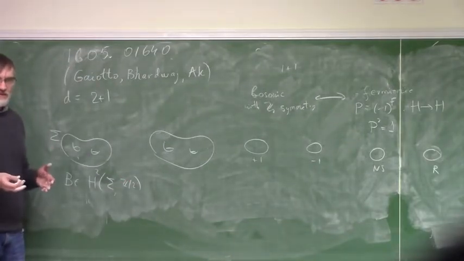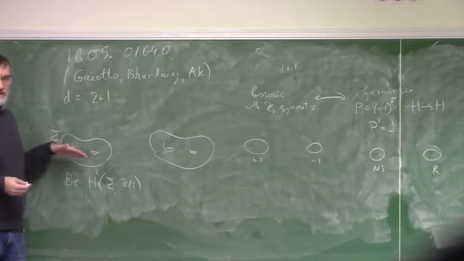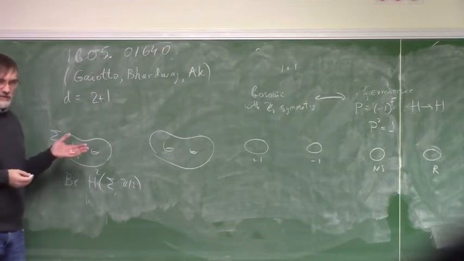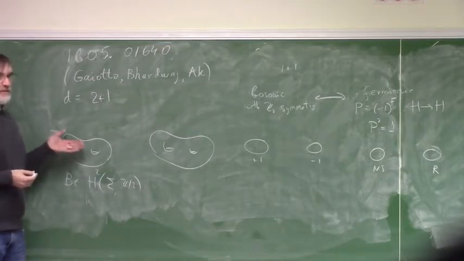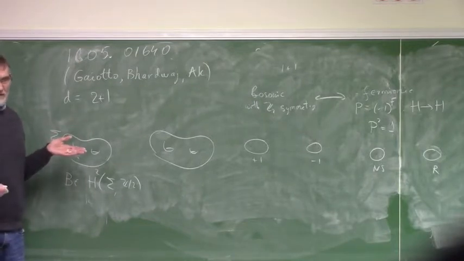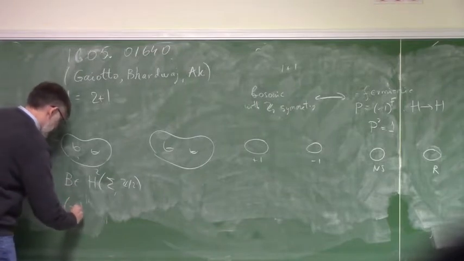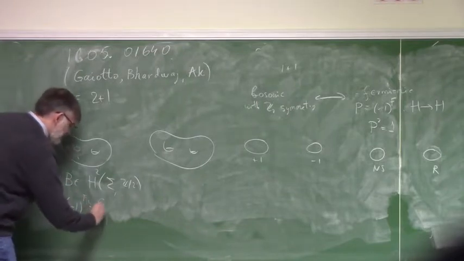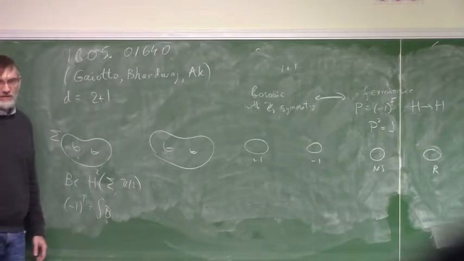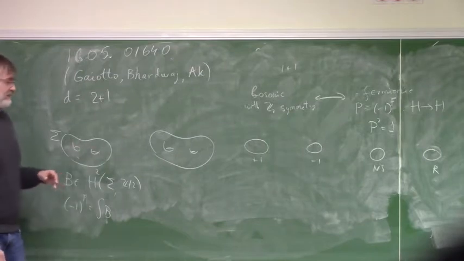When you gauge the symmetry, this B can fluctuate. You can have a sector where B integrates to 1, and one where it integrates to 0. Those will correspond to sectors of the Hilbert space of the fermions where the fermion number is 0 or 1. So you want to identify (-1)^F for the fermionic theory with the integral of B.